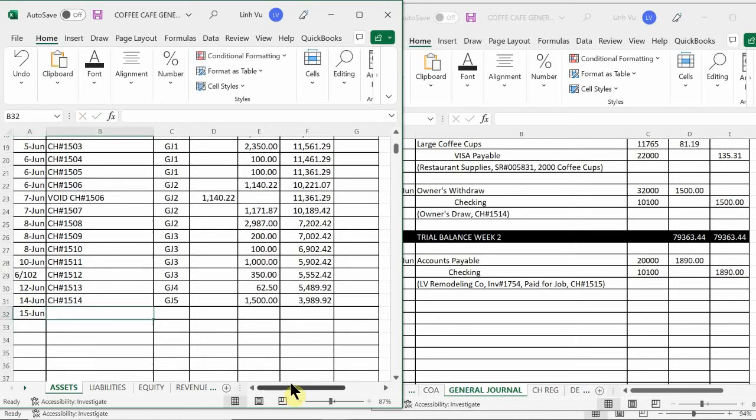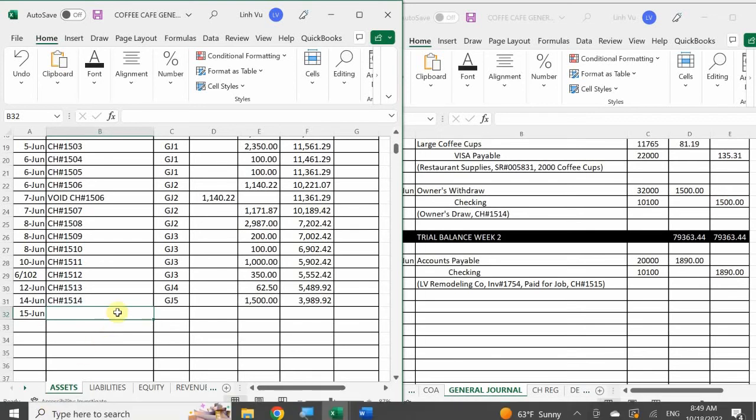Okay, we got $2,099.92. Hold on, let's fill in the rest of the stuff.